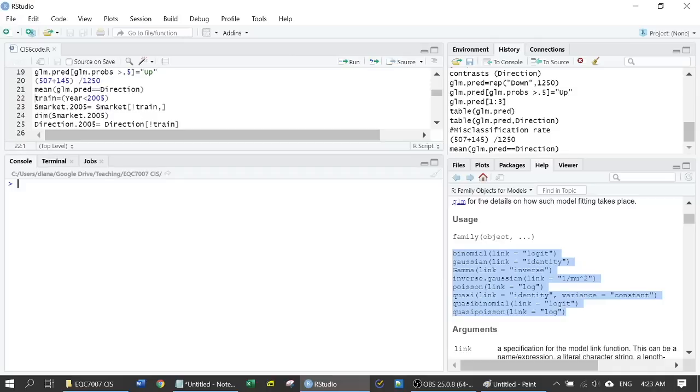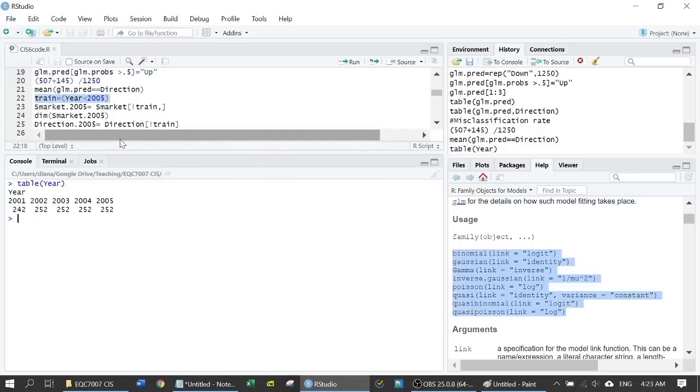Okay, so we're going to have a training and a testing data set. And here the training data set will be named as train. If you look at the year, I just want to table year. We know that we have about 252 observations for each of the years except for 2001, where we only have 242.